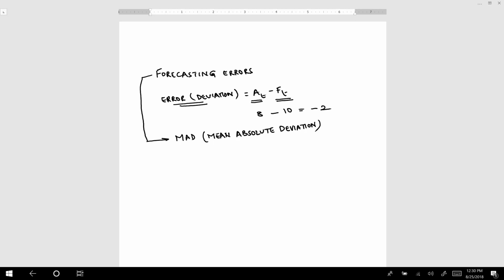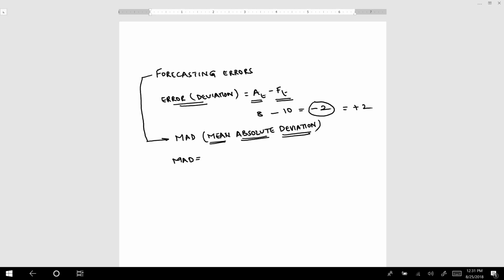So the formula for this MAD is, as you know, deviation is error and absolute means if for example here we have -2, the absolute value of -2 would be +2. So you are only considering positive values. Any negative value you will convert into a positive value, and mean is you will take the average of all the errors you make.